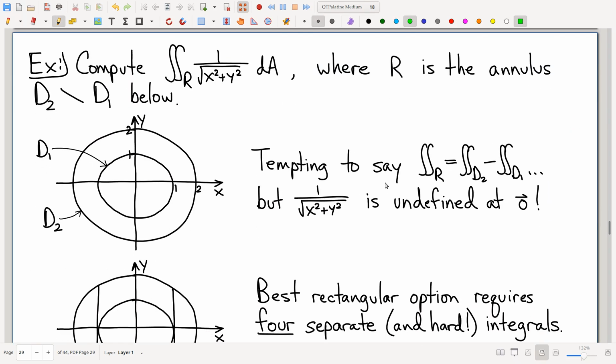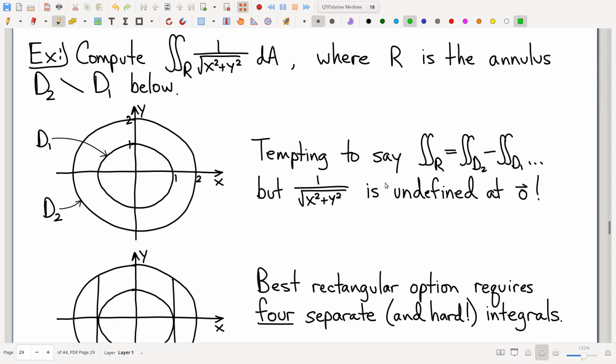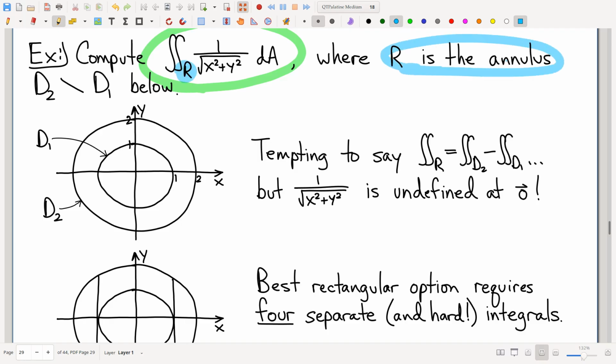I like this one because of how unexpected it is to need this. So integral to be done. Our domain is this, what we call an annulus. Wrong. Sorry.